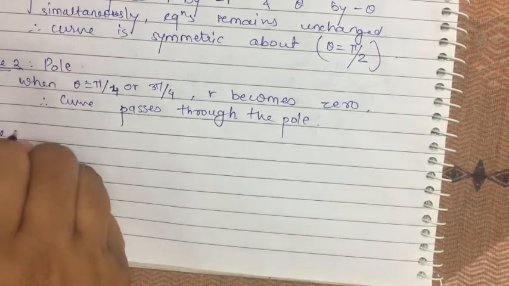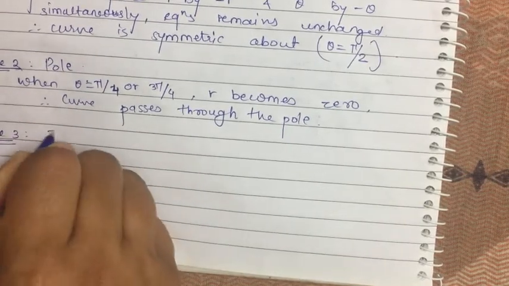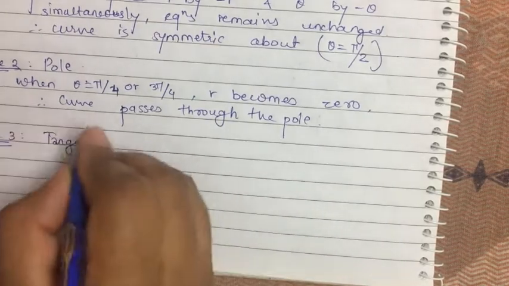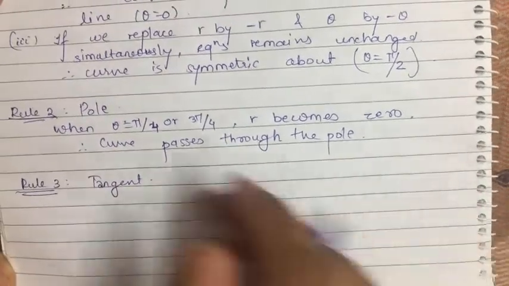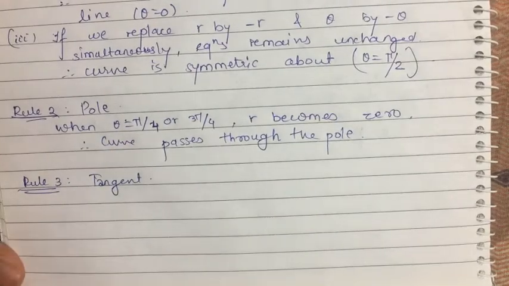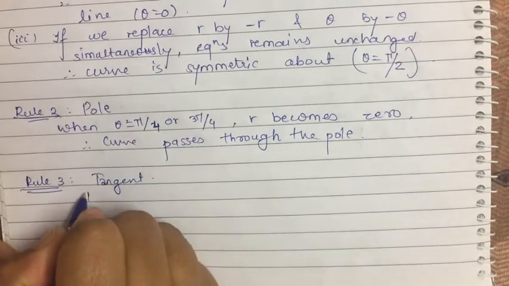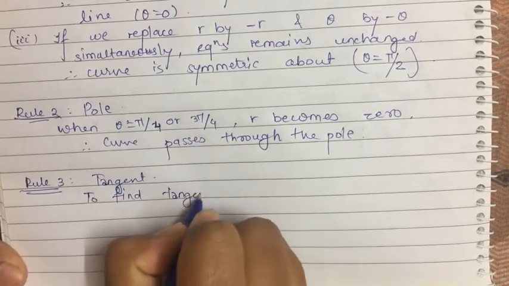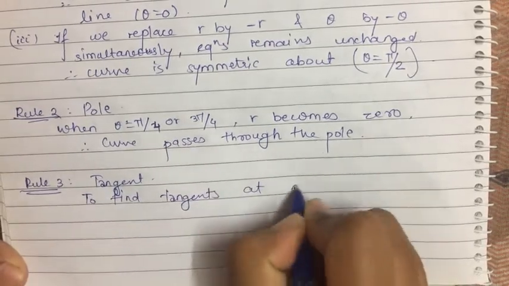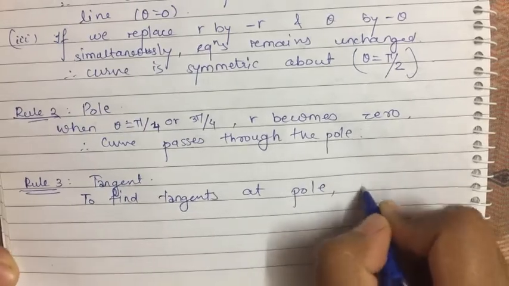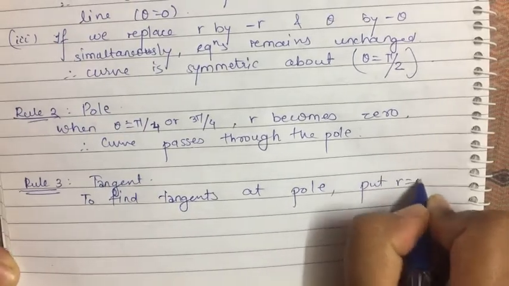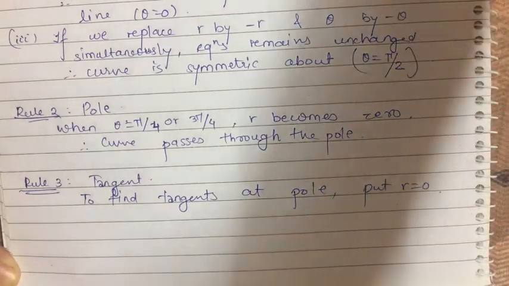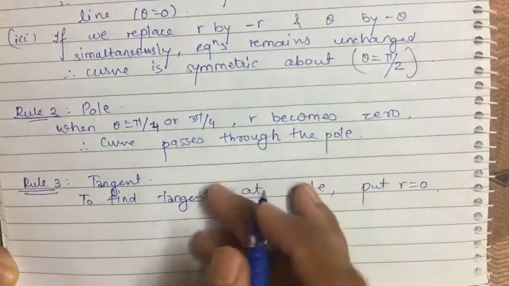So rule 3 is tangent. Okay, so what is tangent? We need to find tangent. How do we find tangents at pole? To find tangents at pole, put r equal to 0. Okay, so if you substitute r equal to 0, what will you get?